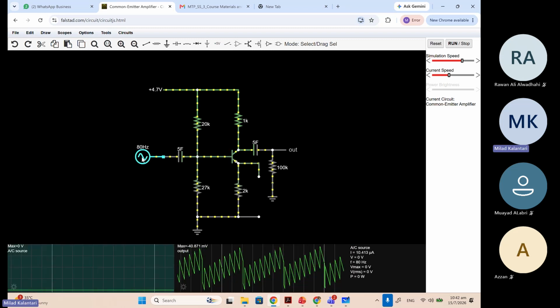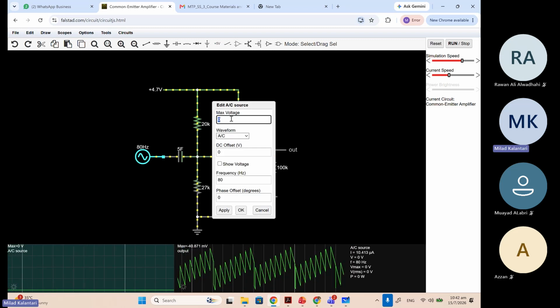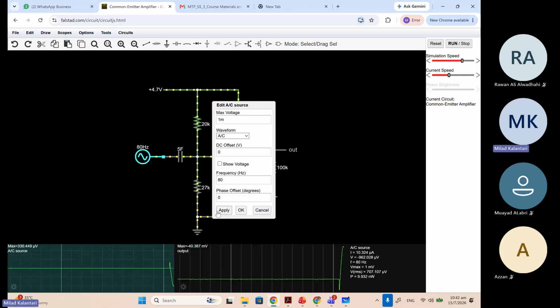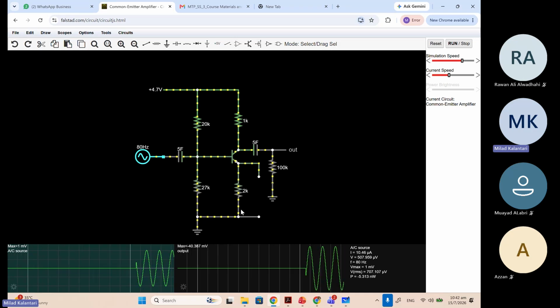And then let's start adding some AC signal, let's say 1 millivolt input signal. Let's see how it works.